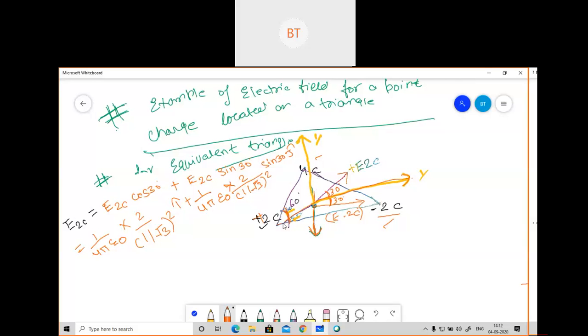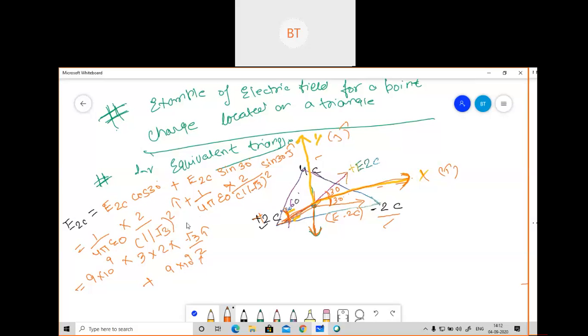But in this question, if you can see this line, you can see two directions, plus x direction and y direction. This is x, this is y, or you can say this is i, this is j. So for that I had mentioned those things. Now if we solve those things, I substitute the value 9 into 10 to the power 9 into, this 3 will go, 3 into 2 will be there, this will go upside into 2, and if you solve those things, under root 3, this will be 3 into 3, that will be under root 3 by 2 i cap plus 9 into 10 to the power 9 into 2, this 2 will go upside.